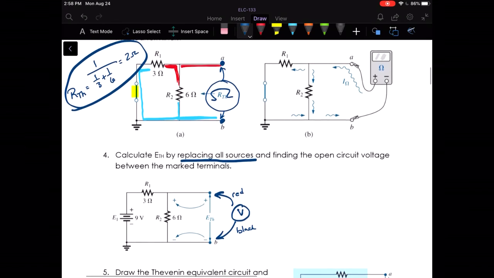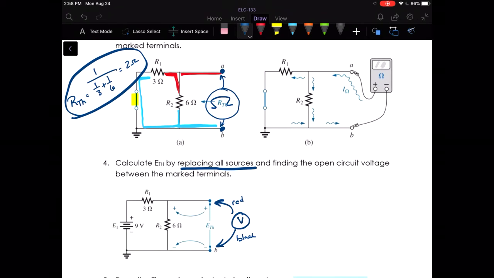Now in this case, that red lead is connected to right here, and the black lead is connected to right here. So we're essentially measuring the voltage, that's going to be E Thevenin, which is essentially the voltage across the 6 ohm resistor.